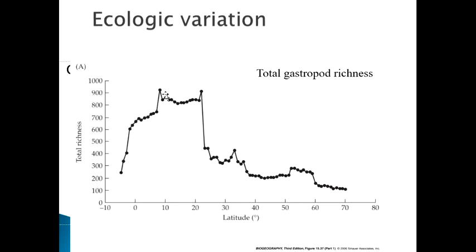Notice that the peak of gastropod diversity, the highest number, total richness here is, I believe, in numbers of genera, just pure numbers of genera. Peaking is still in the tropics between 10 degrees and 20 degrees north latitude, and then drops off, shows an area of stability, and then continues to drop off towards the pole. And then higher than 70 degrees latitude, there's really not much data there.